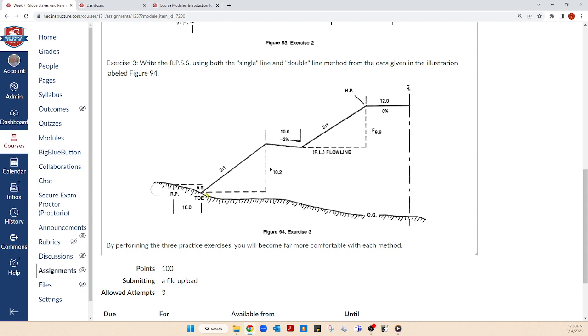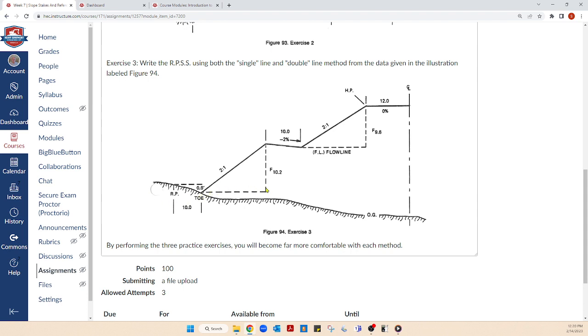And then fill 10.2 at 2 to 1, or you could say fill 10.2 at 20.4.